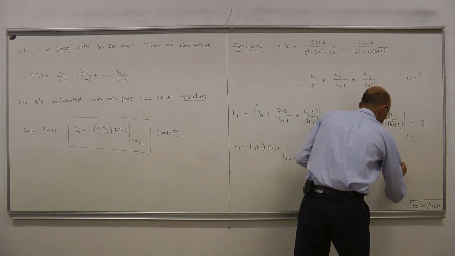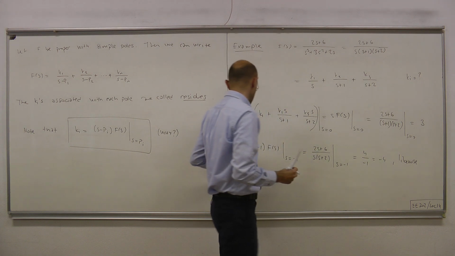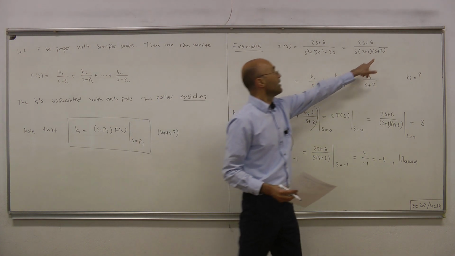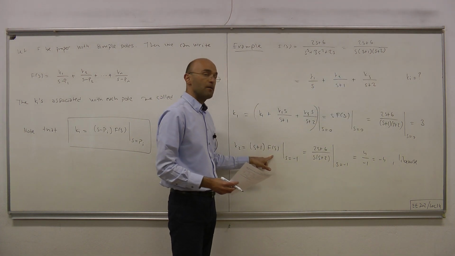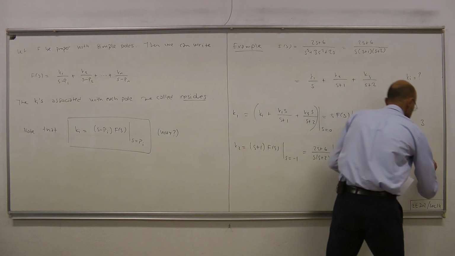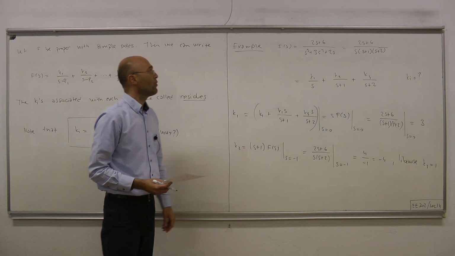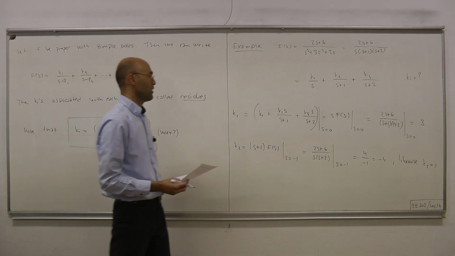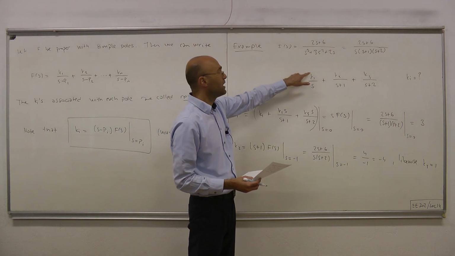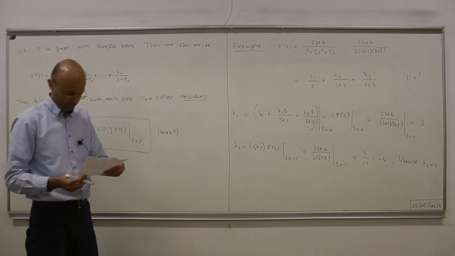And likewise, k3 is (s + 2) times F(s) evaluated at s equals minus 2, and that gives us k3 equals 1. Okay, so now we know k1, k2, and k3. k1 is 3, k2 is minus 4, and finally k3 is 1.